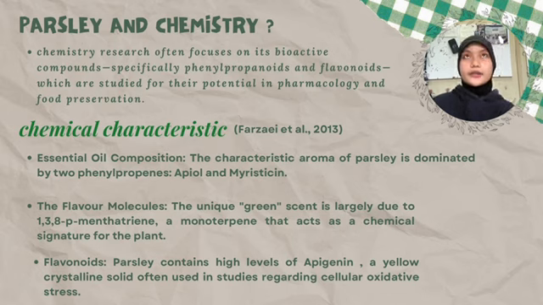That's why parsley has those grassy, spicy, earthy, and sometimes faintly fruity scents. So let's wrap up with the third and last chemical characteristic in parsley, which is the flavonoids. Parsley contains a high level of apigenin, which is a yellow crystalline solid often used in studies regarding cellular oxidative stress.